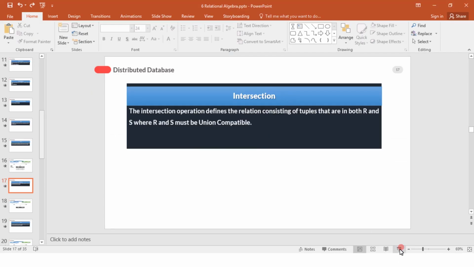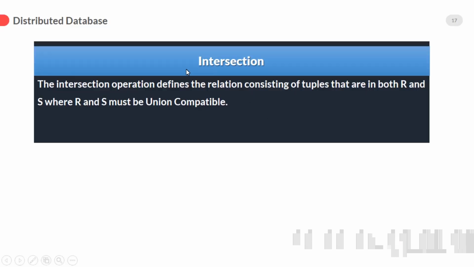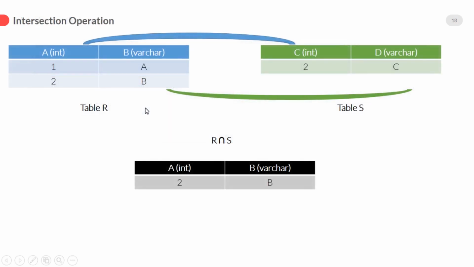The next one is the intersection operation. The intersection operation displays tuples that are common in both relations. It defines a new relation consisting of tuples that are in both R and S, where R and S must be union compatible.